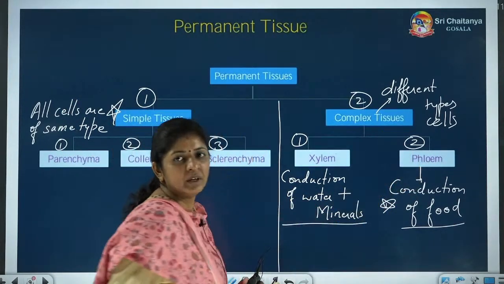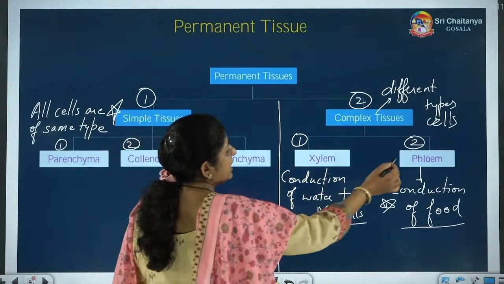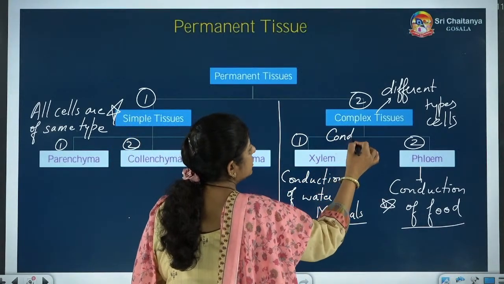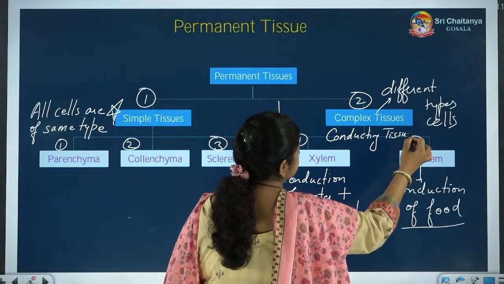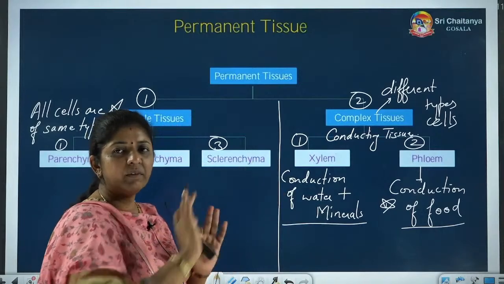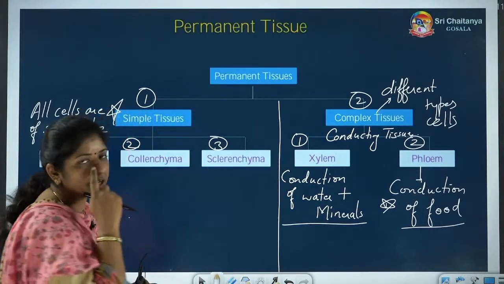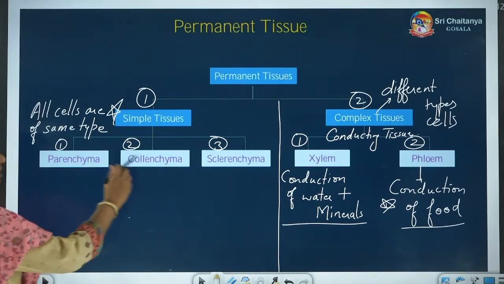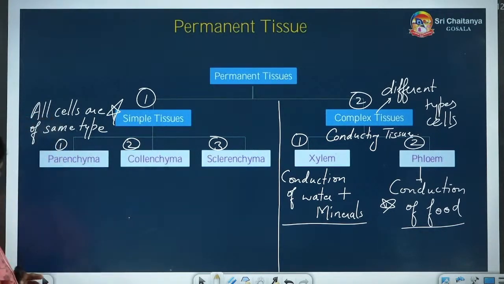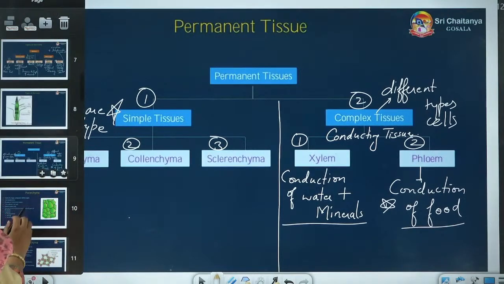Phloem. So can I call xylem and phloem conducting tissues? Rest of the detail we will discuss later. This is simply an introduction. We have to go with the simple tissues first: Parenchyma, Collenchyma, Sclerenchyma.